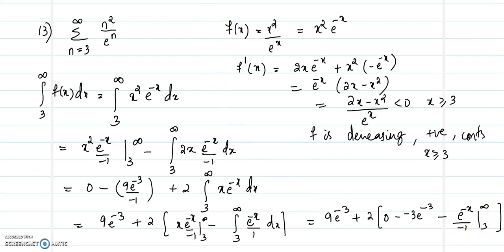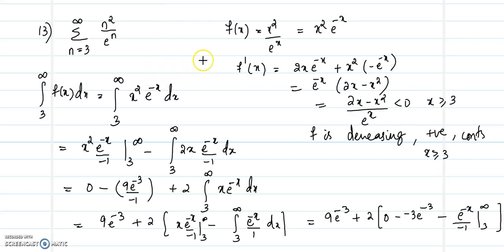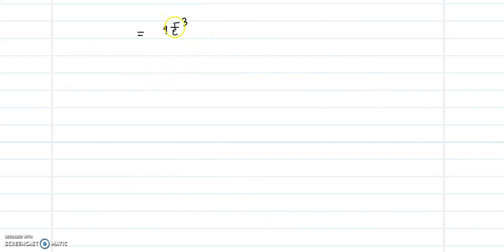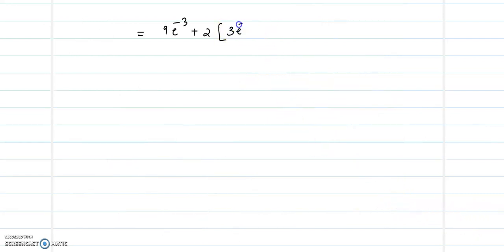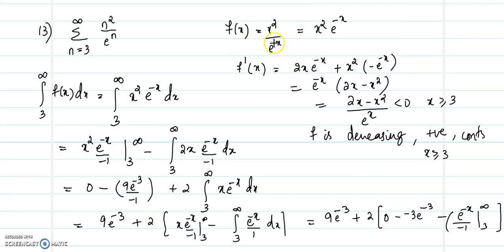So this is equal to 9 e raised to minus 3 plus 2 times 3 e raised to minus 3, and here we need to apply the limit for this one. So plus 3 e raised to minus 3, then we can make it a plus here.